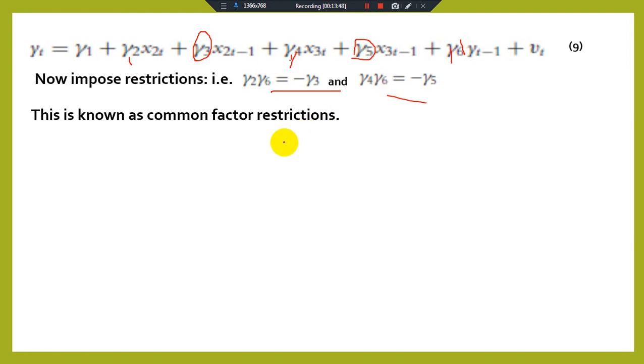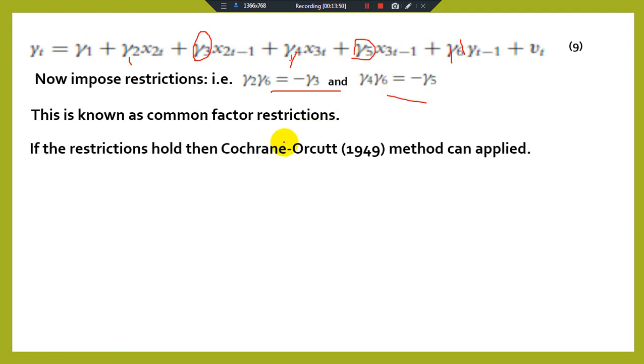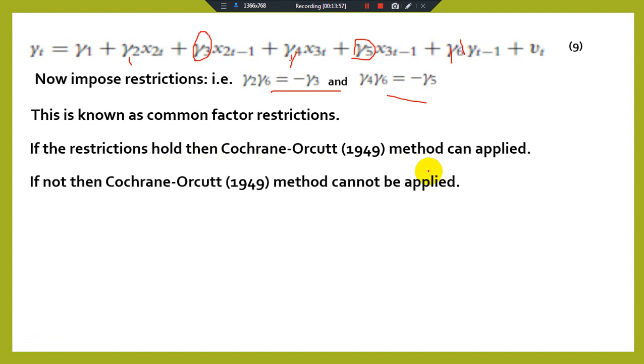If this restriction holds, the Cochrane-Orcutt method can be applied. If not, if the outcome is not like that, then the Cochrane-Orcutt method cannot be applied.